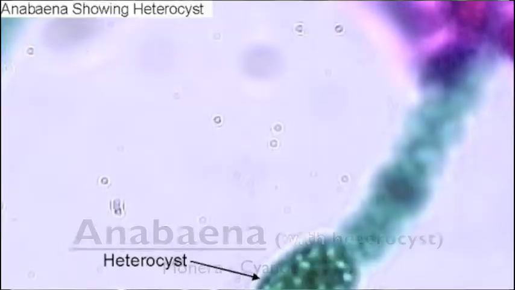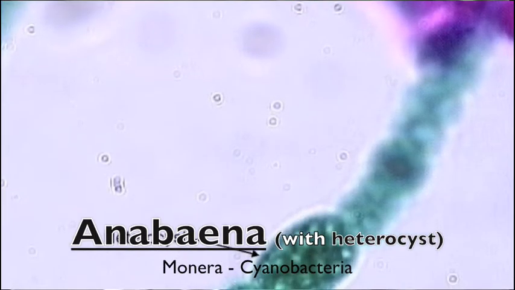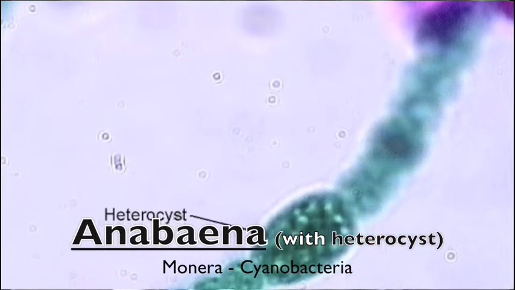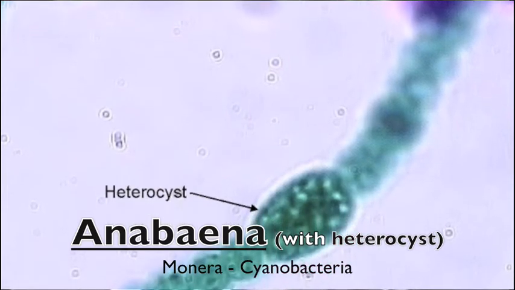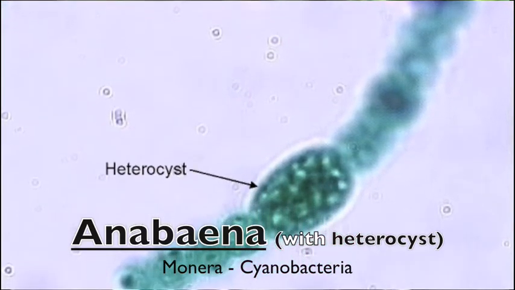Also, many of the cyanobacteria form specialized cells called heterocysts. Now, a heterocyst is nothing more than a resistant cell, and this is not uncommon in lower plants and animals where some kind of resistant stage occurs within the life cycle. These resistant cells then can withstand adverse environmental conditions.